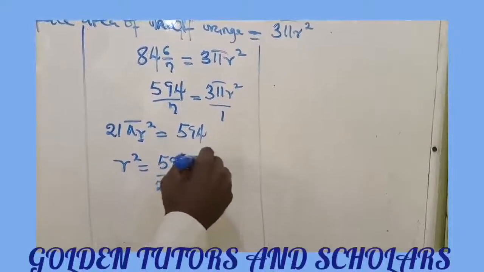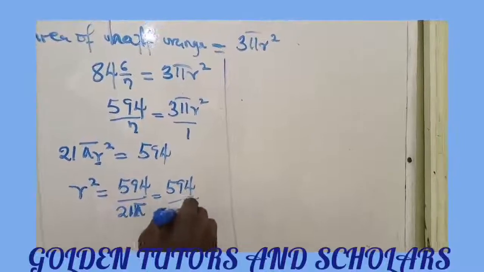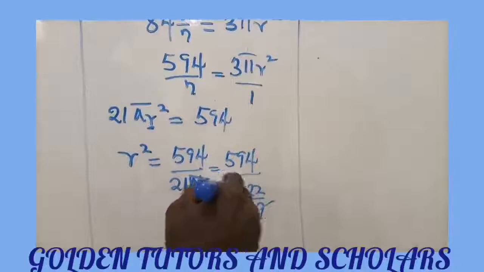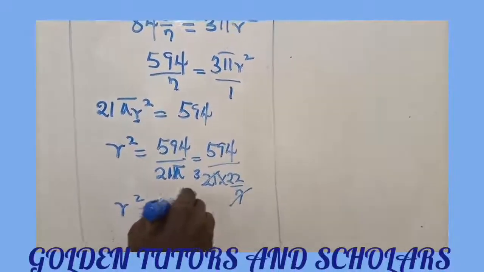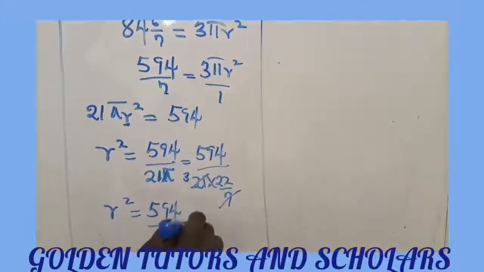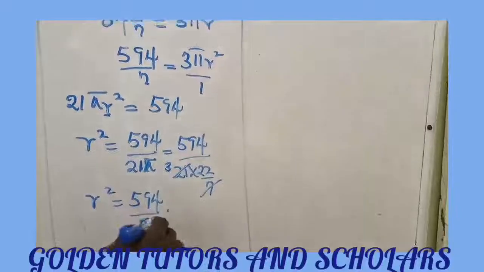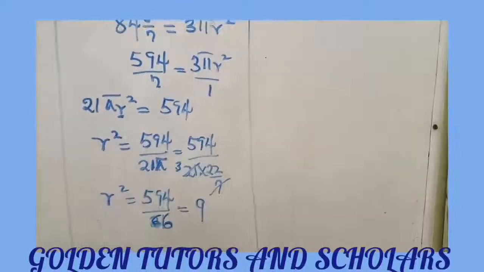And this is expressed as 594 over 21 times 22/7. 7 will take care of this and you have 3 here. And so r squared will be 594 over 66, 3 times 22. And this will give us 9.